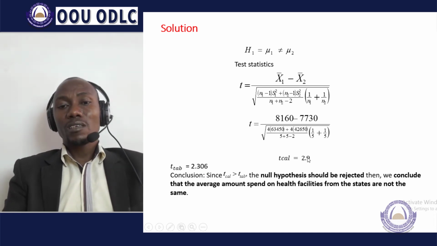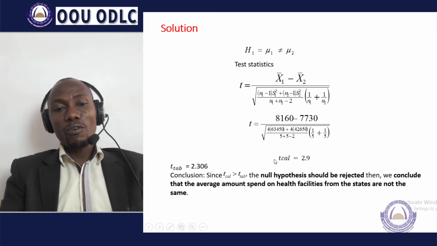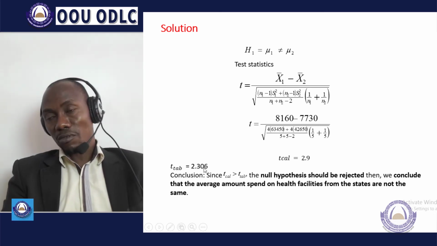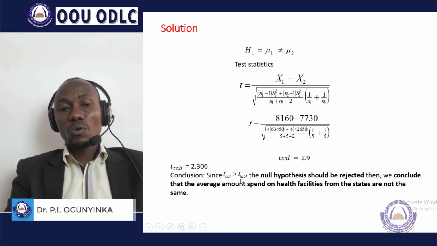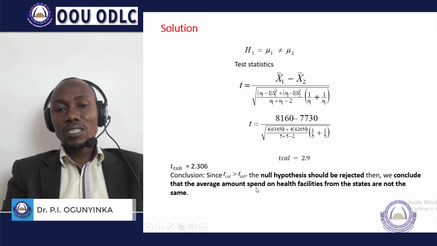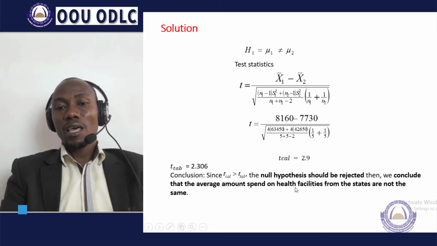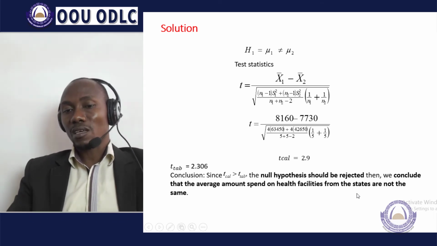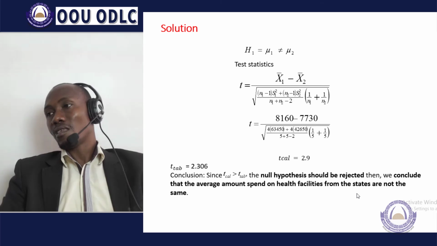Since the calculated value is greater than the tabulated value, we reject the null hypothesis and conclude that the average amounts spent on health facilities by these two states are significantly different.